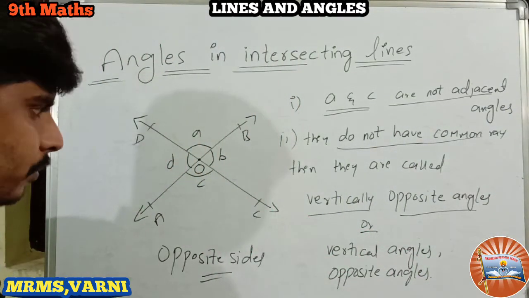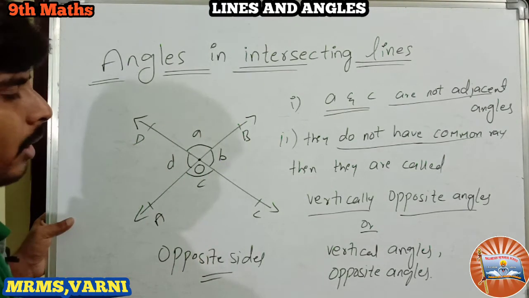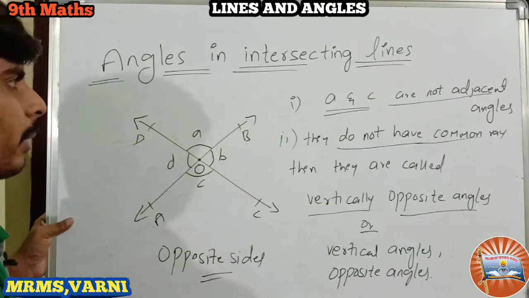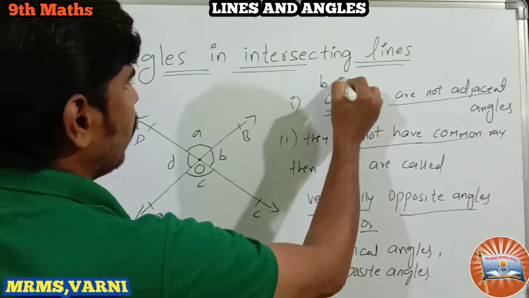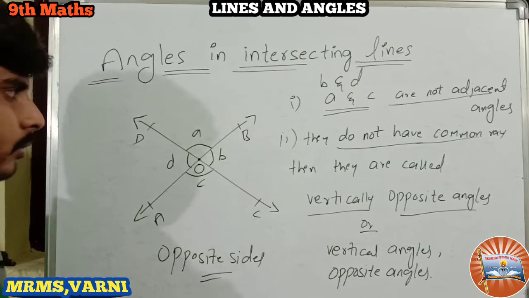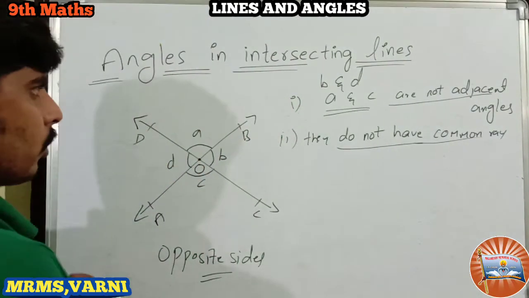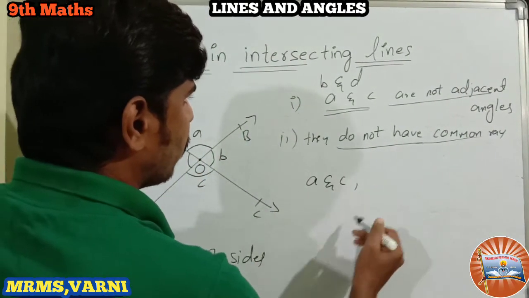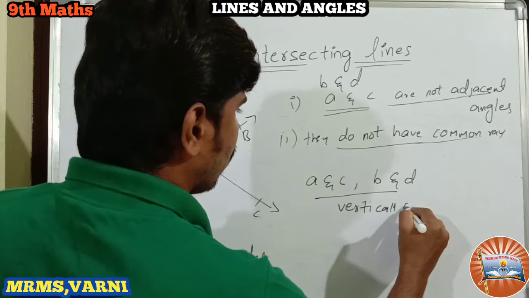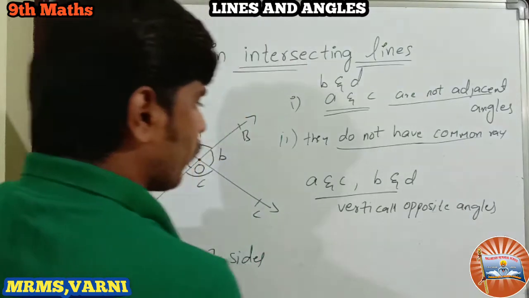So A and C are vertically opposite angles. Do we have any other pair? Yes, B and D also. Finally, A and C, and B and D are vertically opposite angles. Is it clear?